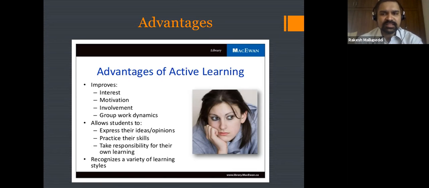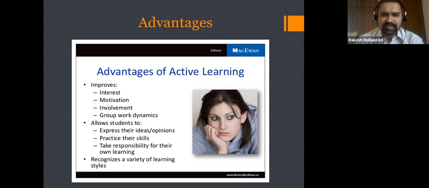Now, group work dynamics: when they are moving further, like you are teaching students in the age group of 18 to 20, 21, 22, or a little bit older, and further into their career, when they go into a much more professional environment, group work is something that they need to learn, because every job involves a group work dynamic. And when students start learning it from this age, or from this level, it is easy for them to do it when they go into the higher places.